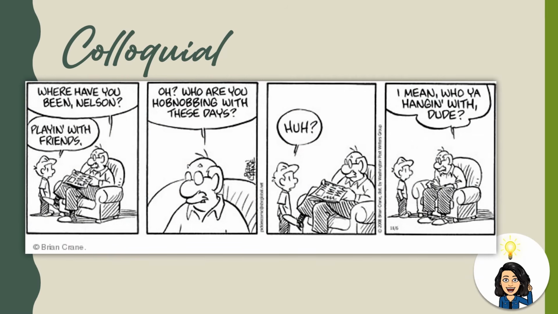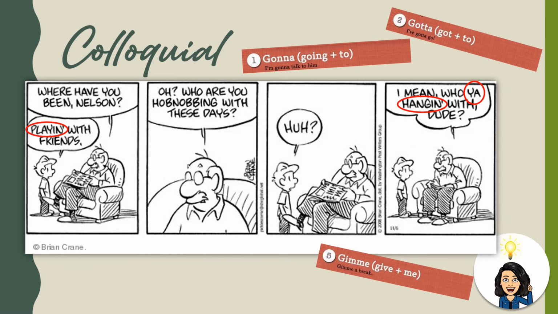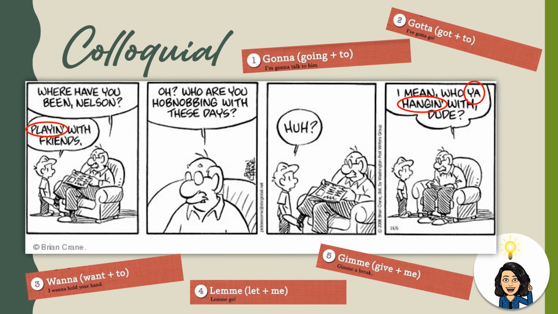Take a moment to read this example. In most places in the US, they often remove the sound of letter G in words like hanging or playing and pronounce U as ya as a colloquial term. Colloquialism is a language style which is only used or accepted in a certain community. They add color and realism to writing.